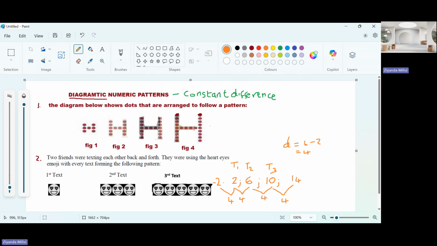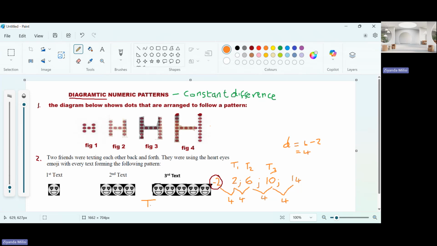Remember the numbers as you move to the left in integers are decreasing. Below 0 it's negative numbers. So the numbers are decreasing as we move towards your left. You can see now this number here comes before the first term. So now we can work out the general rule for this.